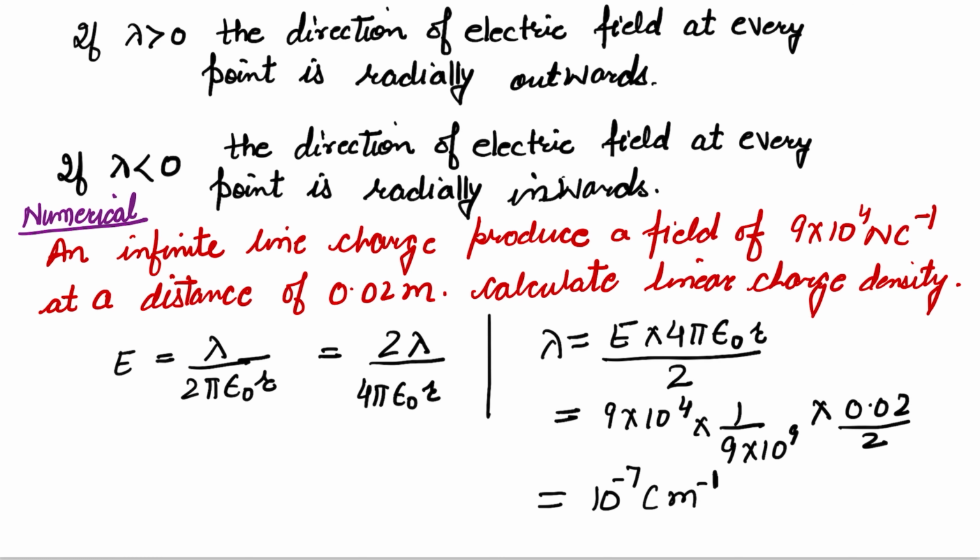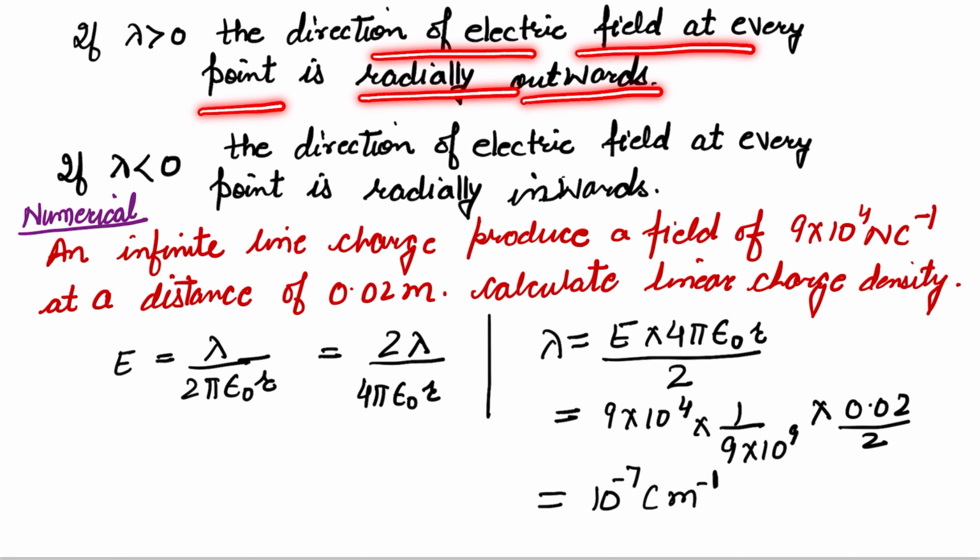Now, there are two situations. The wire can be positively charged or the wire can be negatively charged, right? If your wire is positively charged, it means that the total charge density is going to be positive, lambda greater than 0, right? So direction of electric field at every point is radially outward in that case.